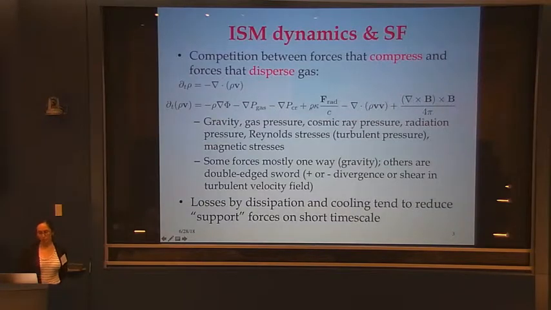The other thing to keep in mind is that all of these source terms, the thermal pressure, the cosmic ray pressure, the radiation force, the Reynolds term, and the magnetic term, are all subject to dissipation. Thermal energy is cooled away. Cosmic rays stream and diffuse out of the galaxy. Radiation is absorbed and then downgraded to IR and can leave a galaxy.